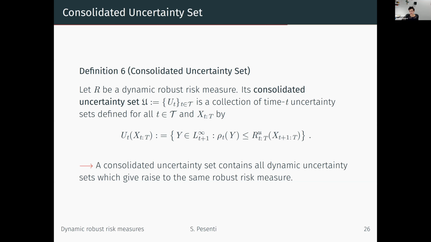Therefore, to actually get to if and only if statements, what we did is we looked at the largest uncertainty set that gives rise to the same robust risk measure, and that's what we term the consolidated uncertainty set. Basically, it's the union of all the uncertainty sets whose robust risk measure is the same. And now with that, we actually can create if and only if statements.